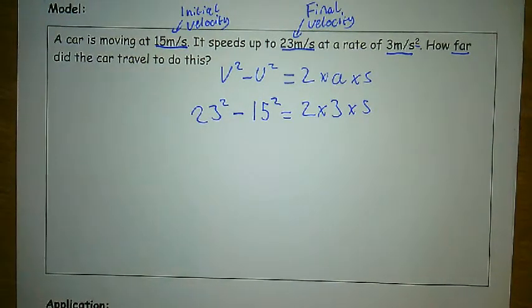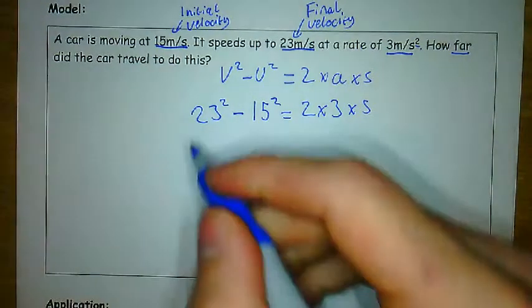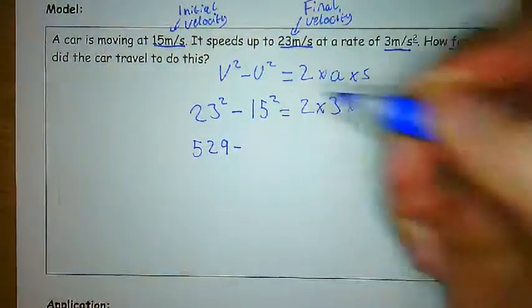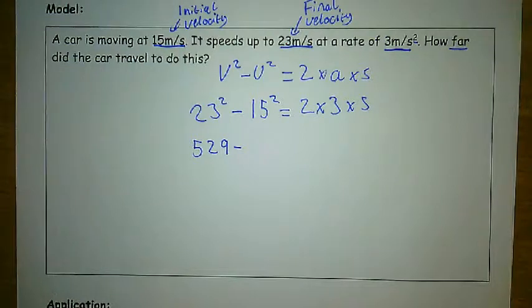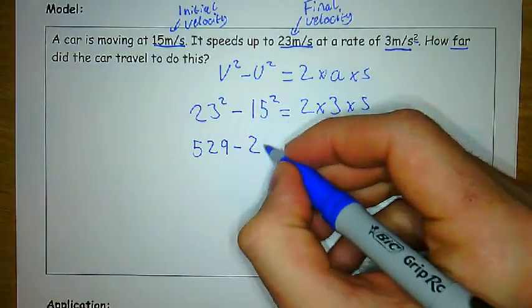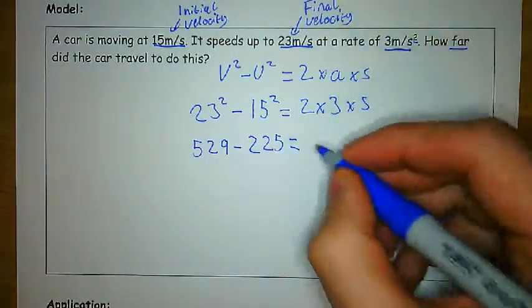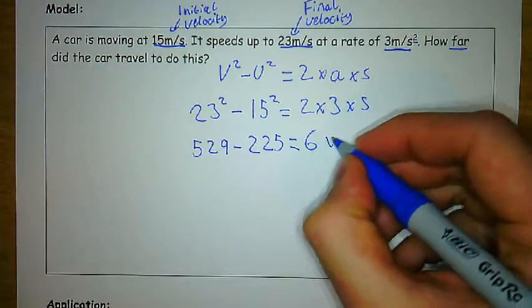Right, now I want to look at what can we do. Okay, so I'm thinking, what can I do on each side? I can do 23 squared. So 23 squared, okay, it's 529. Minus 15 squared, I can do that. Okay, that's 225, equals, and I can do 2 times 3, so that'll be 6 times s.